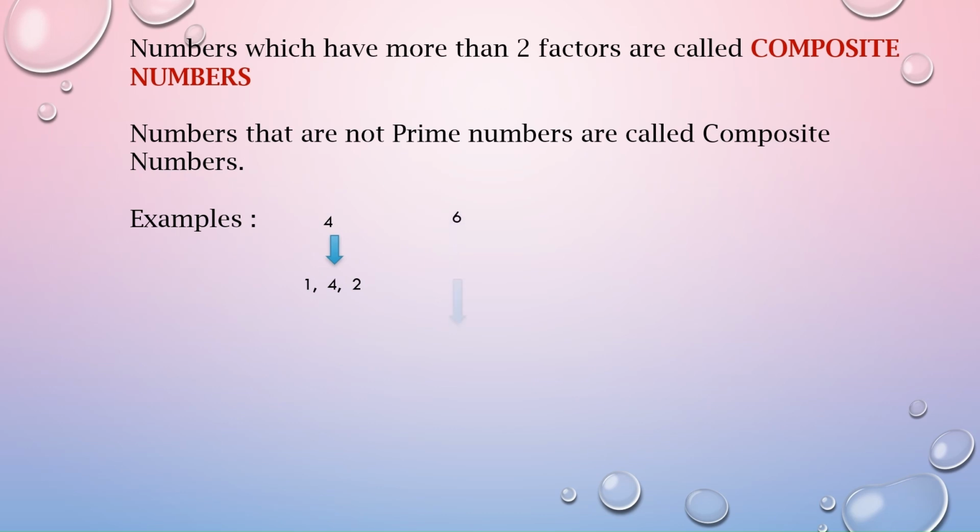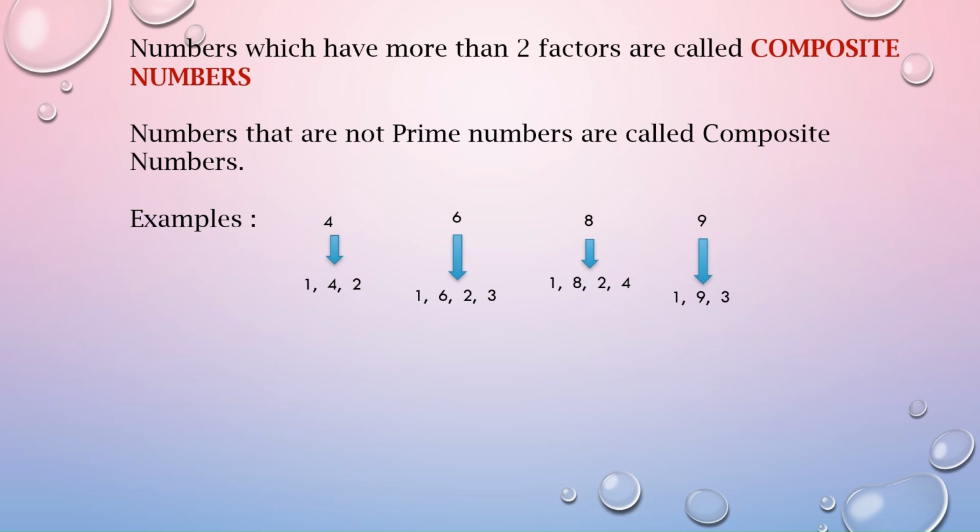6. 1 six is 6, 2 threes are 6. 6 has four factors. The number 8, let's see. 1 eight is 8, 2 fours are 8. More than two factors, so it's a composite number. 9. 1 nine is 9, 3 threes are 9.